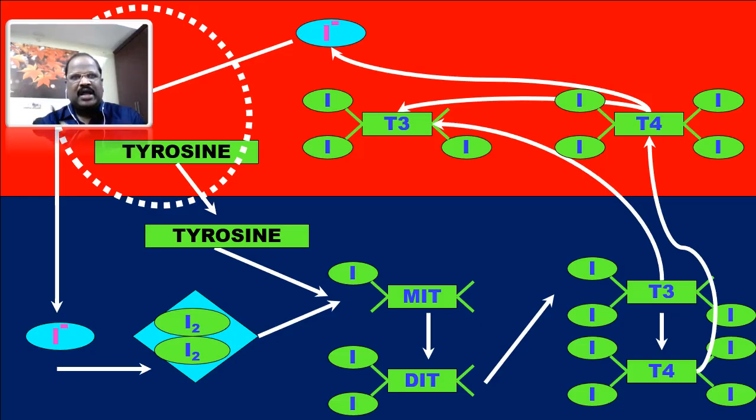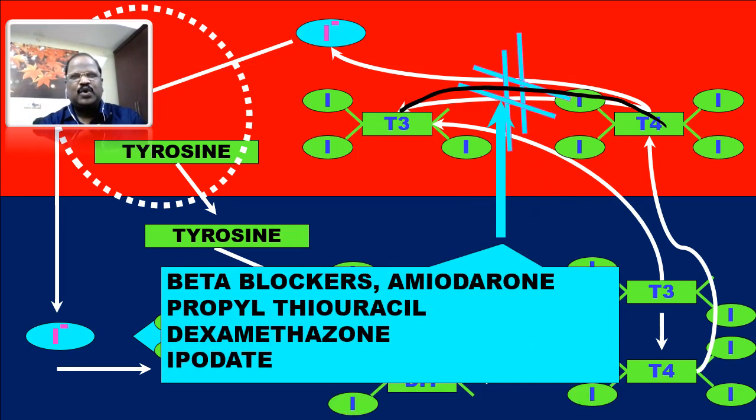Then there are some drugs that inhibit peripheral conversion of T4 to T3. That is done by many drugs like beta blocker, mainly propranolol, very important, propranolol, and then amiodarone, propylthiouracil, steroid like dexamethasone, and one more drug, ipodate.